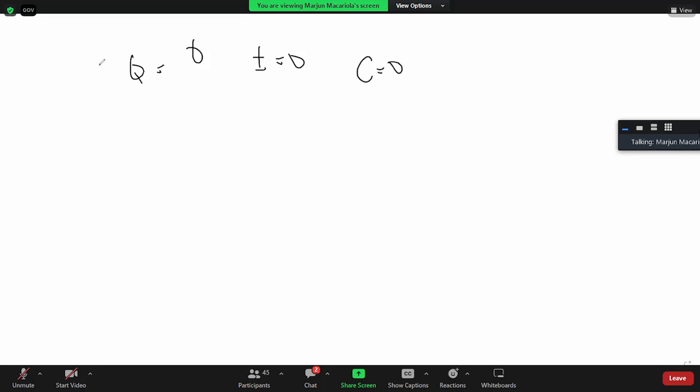Okay? So magiging output natin, based sa sinulat ko, is 1.307 sine omega ct minus 0.541 cosine omega ct.